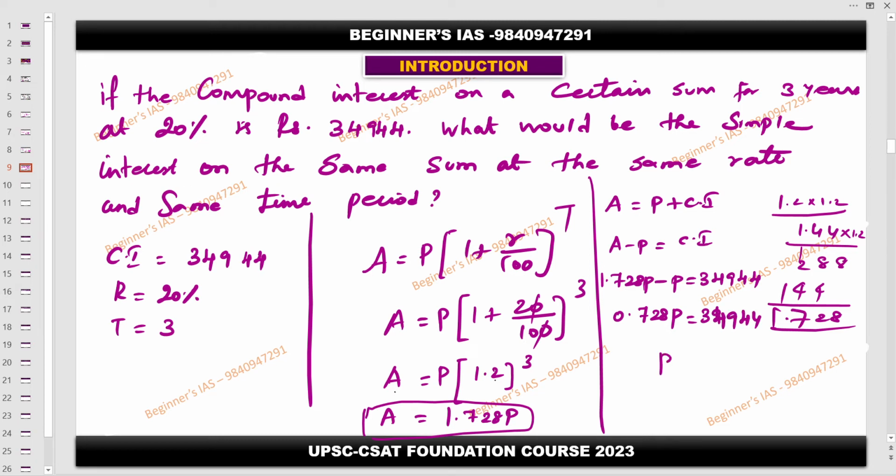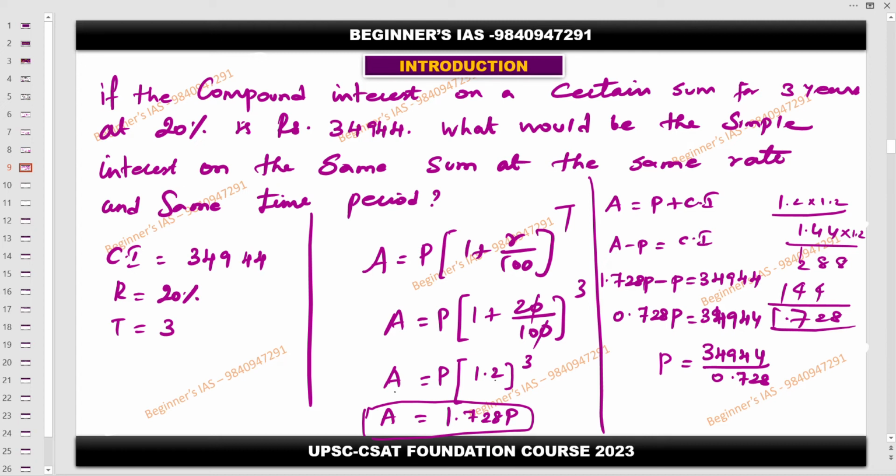Then P is equal to 34944 by 0.728. Anybody want to divide? Or else, since there are three decimals, we have to multiply with 1,000.